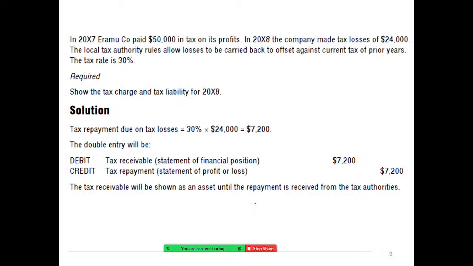Yeah, the answer is also here. So tax recoverable is an asset, 7,200, and tax repayment, so the statement of PL account is 7,200, right?